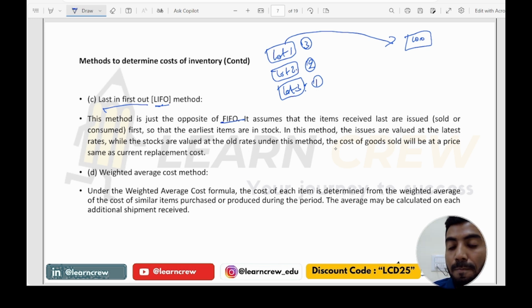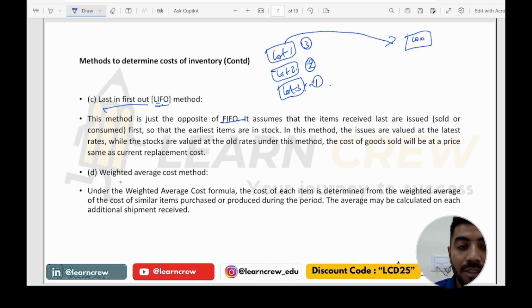The cost of goods sold will be at a price same as the current replacement cost, because when you're selling, you'll be selling from the latest lot first. So remember, whichever is purchased last is sold first.